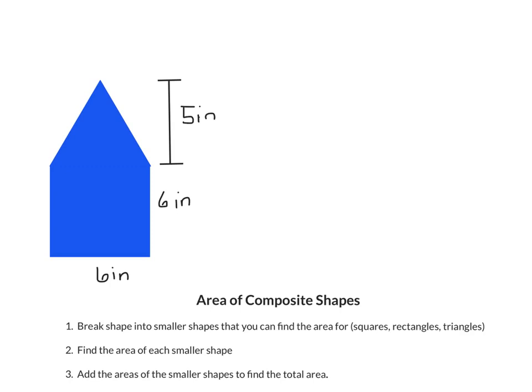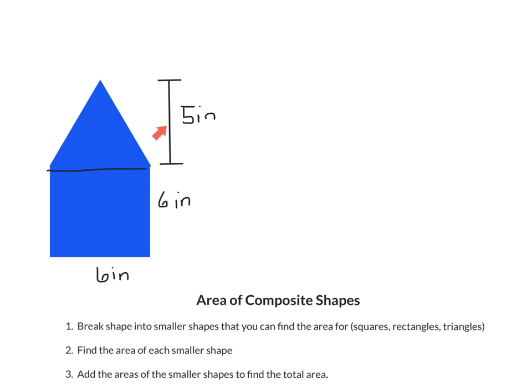All right, last example. I have a composite shape that looks like it can be broken up into a square and a triangle. So let's first do that. Let's divide it up into shapes that I know, which are a square and a triangle. And I see I have the 2 dimensions I need for my square, but I'm not so sure I have everything I need for my dimensions of my triangle.